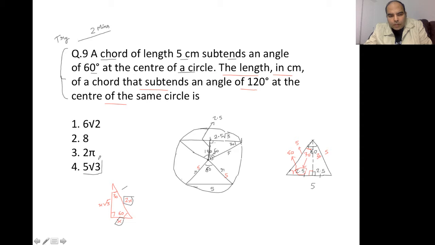So option 4 is the correct answer for this. And this was based on the knowledge of the 30, 60, 90 triangle and the knowledge that a perpendicular drawn from the center of a circle to a chord bisects the subtending angle as well as bisects the chord.